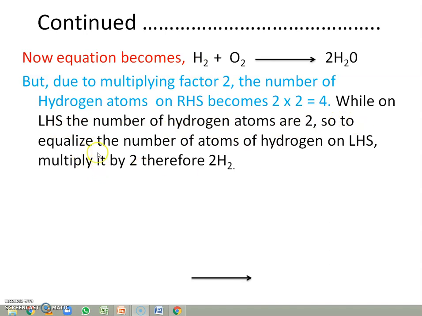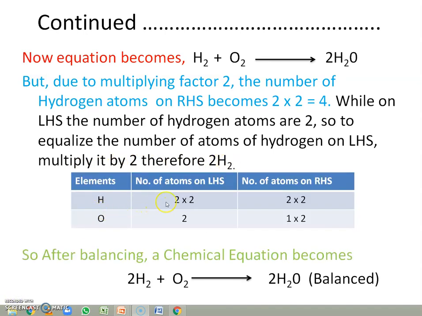So to equalize the number of atoms of hydrogen on the left hand side, that means on the reactant side, again we have to multiply the hydrogen molecule by 2. Therefore it becomes 2H2. As we are multiplying hydrogen on the left hand side by 2, now it becomes 2 into 2.